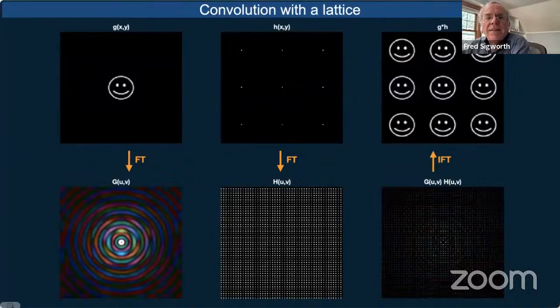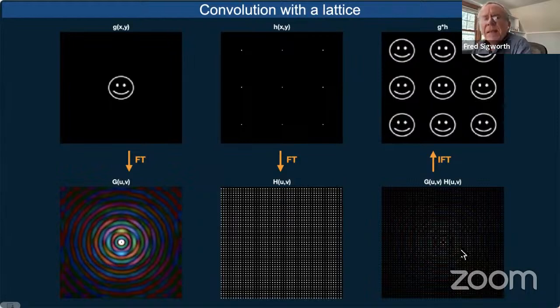There are other cute things you can do with convolution. For example, crystallography is best understood, I think, as a convolution. You have an object, you have a kernel, which is a lattice. If you convolve them, you get your object repeated in a lattice, but the Fourier transform of that is just the product of this and that.